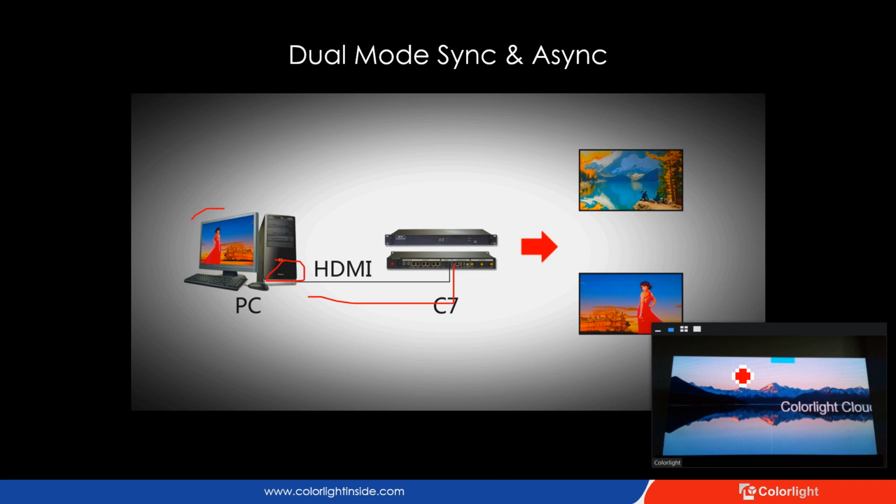So you will see the same picture on the PC monitor and on the LED screen. The C7 itself can also give the signal directly into the LED screen with LAN cable. So the C7 can work as a synchronous controller and an asynchronous controller.